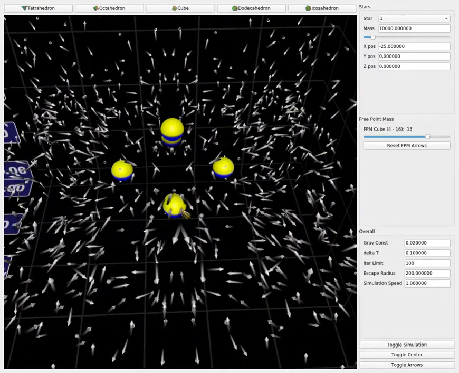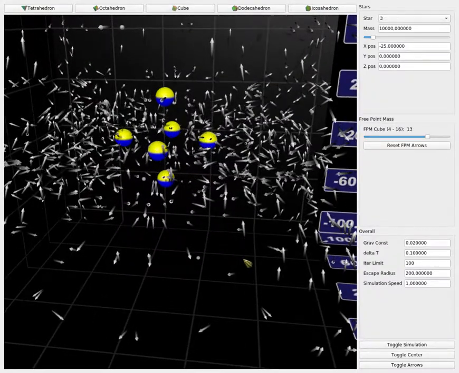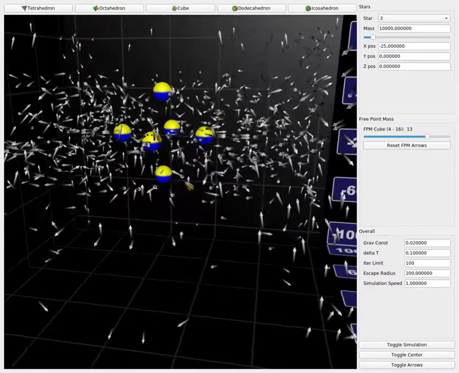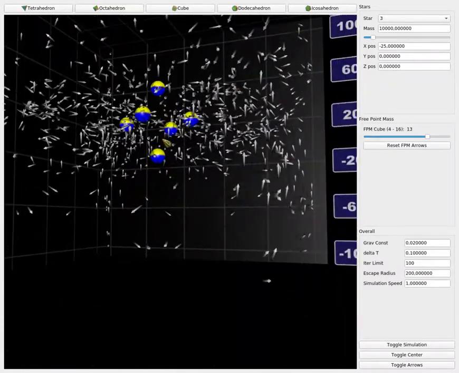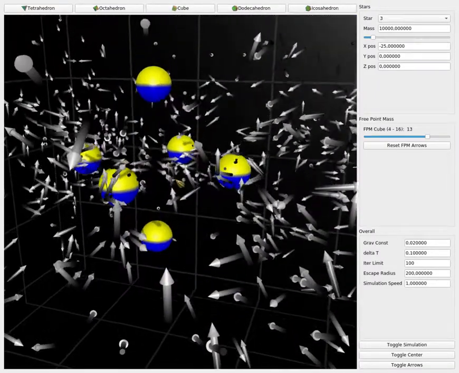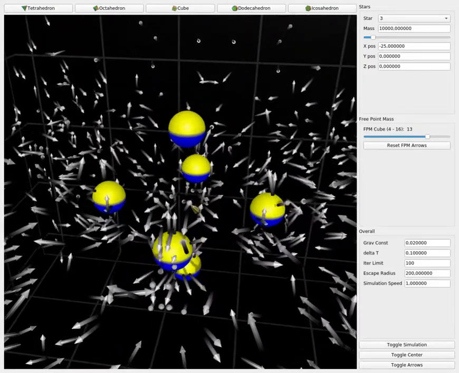And you can see these intricate dances going on. There's interesting things going on in the middle of the star system here.